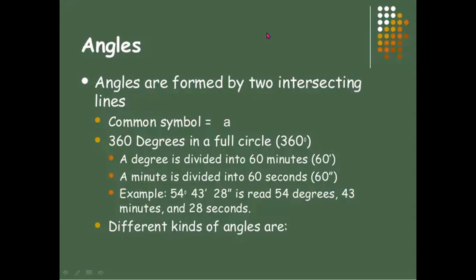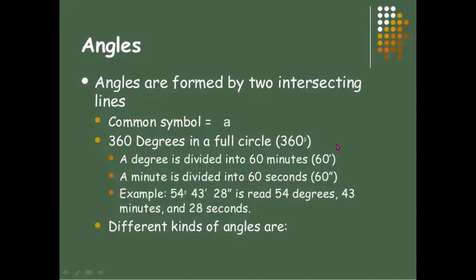But what if it is more than 90 degrees but less than a straight angle, which is 180? What type of angle is that? Poon, can you remember? We have acute, and more than 90 is?